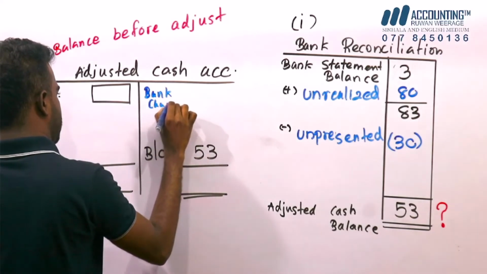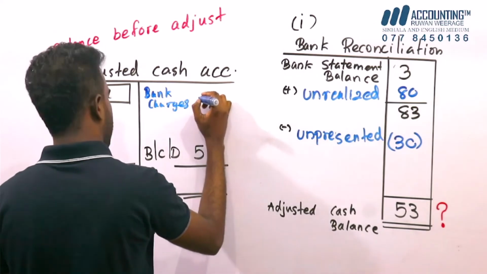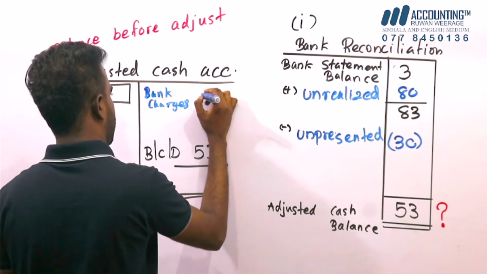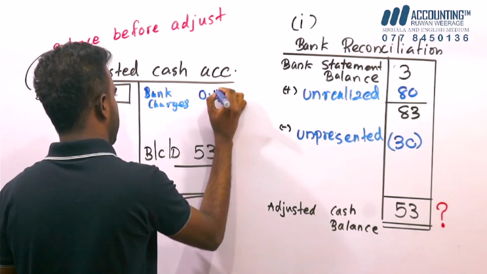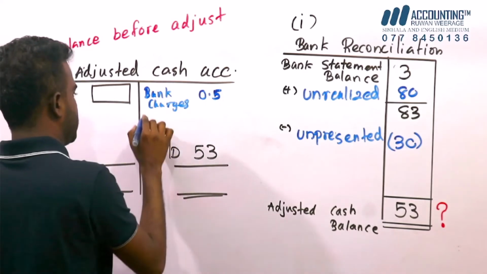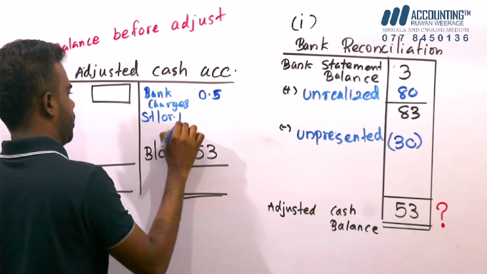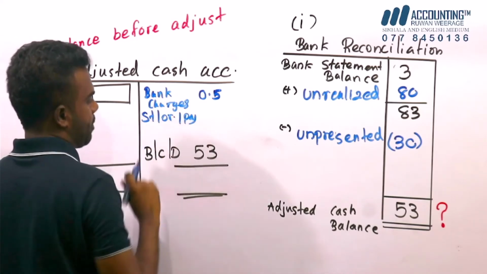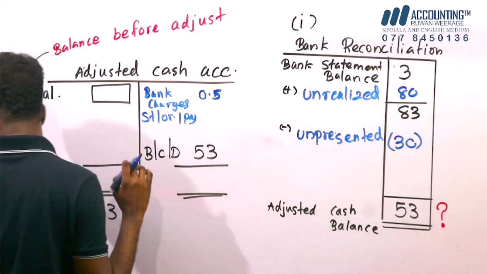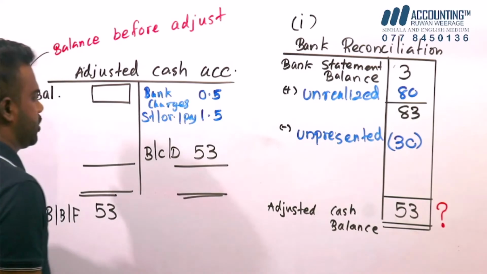Bank charges would be 500, meaning in thousands, 0.5. Standing order payment: the bank has paid but the business has not yet recorded it, 1500, right?